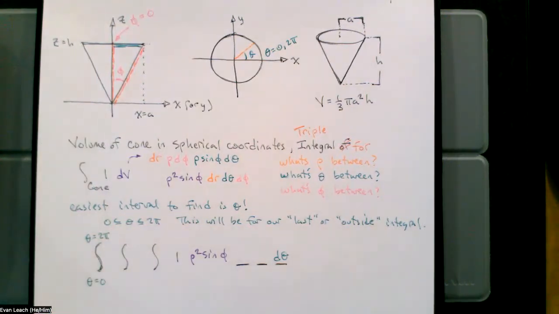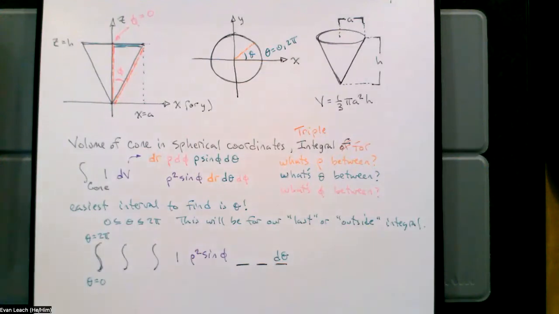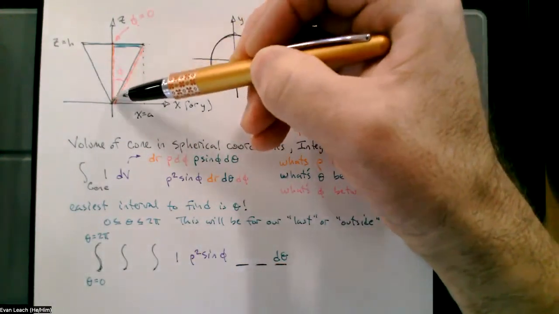Looking at our side view, we can see that phi only cares about this triangle. But rho is different all the way across. So here, when phi is equal to 0, rho is equal to h.